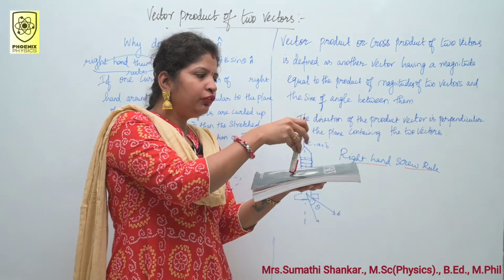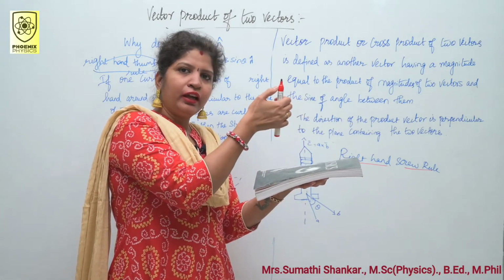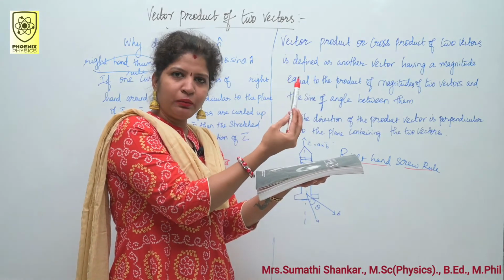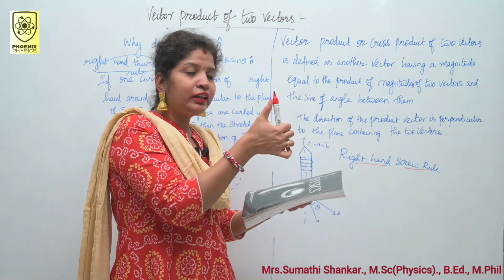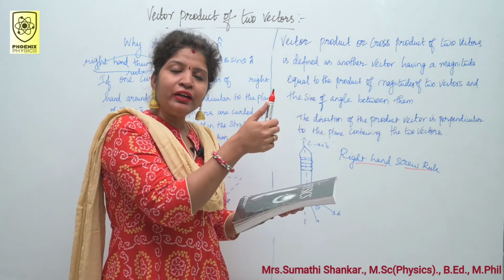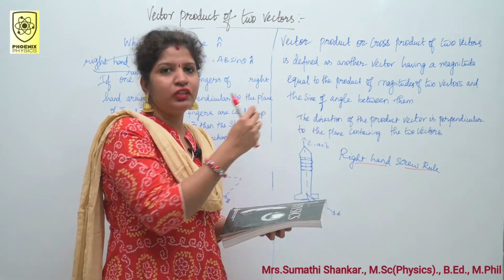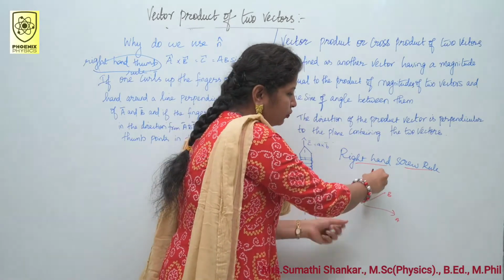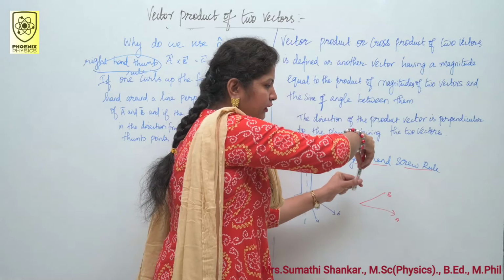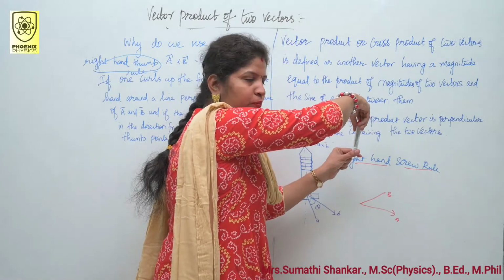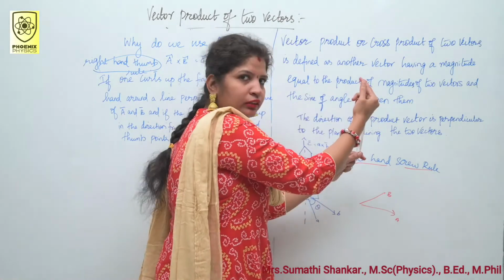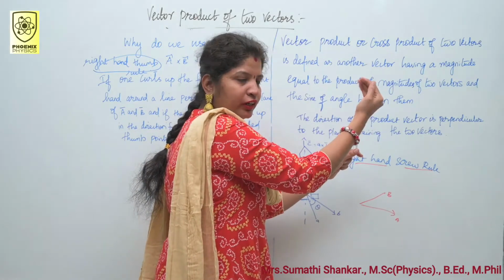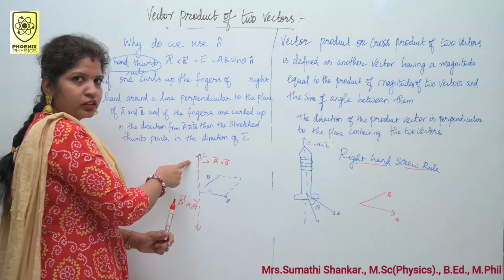Now if you turn the screw from A to B, the tip of the screw advances in the direction of C vector. So this is my screw. Turn the screw from A to B like this. The tip of the screw will move in the upward direction, this C direction.